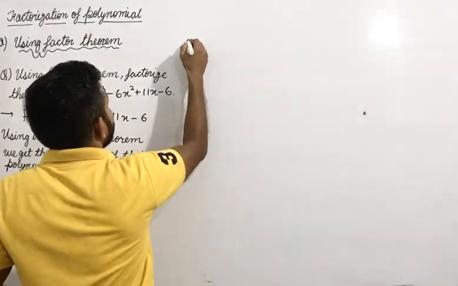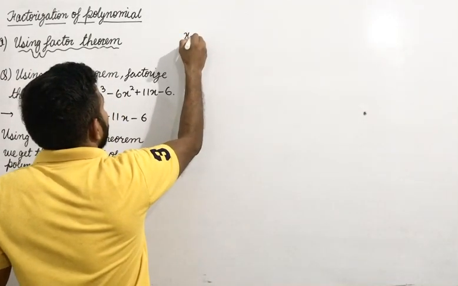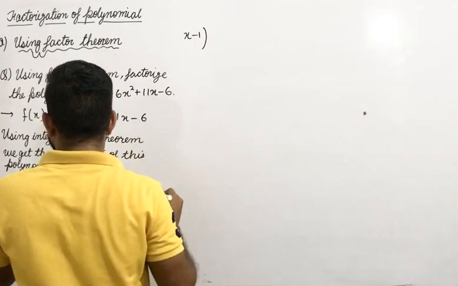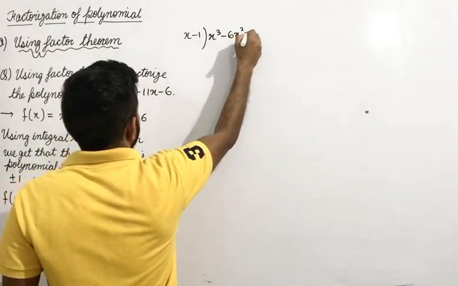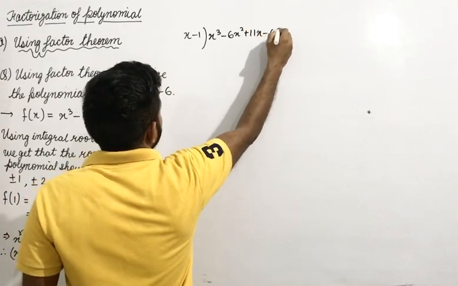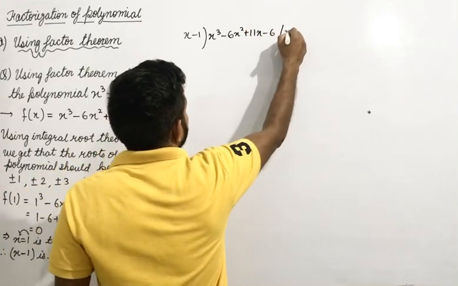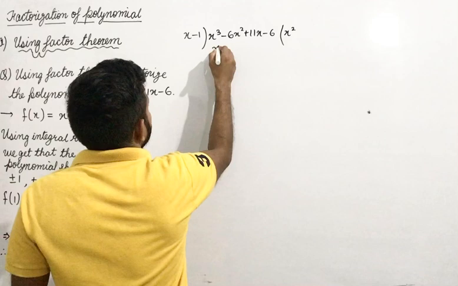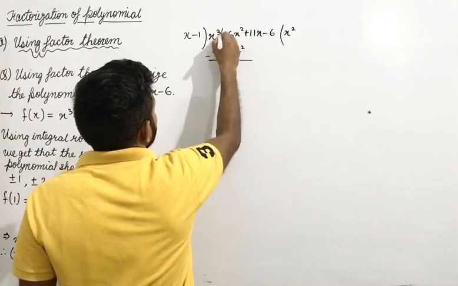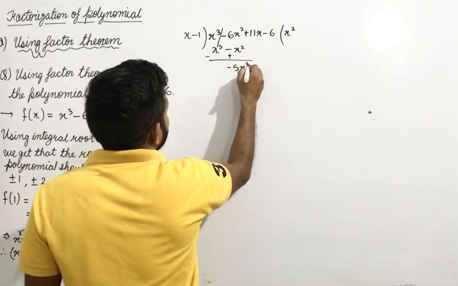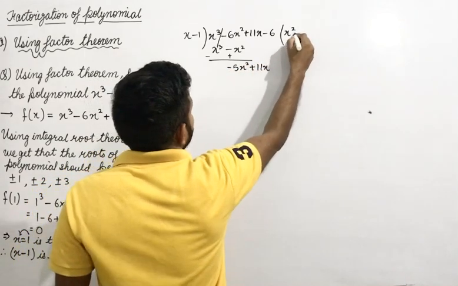So let us divide. Take it here. x minus 1 will divide x cube minus 6x square plus 11x minus 6. So it is x square, minus 5x square plus 11x.